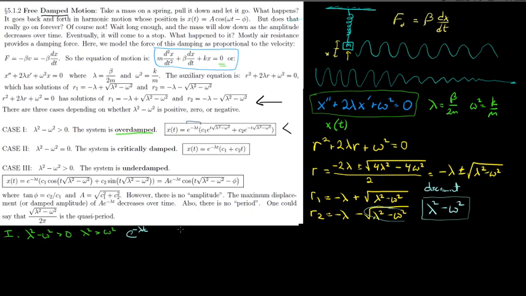So the displacement quickly dwindles off to 0.